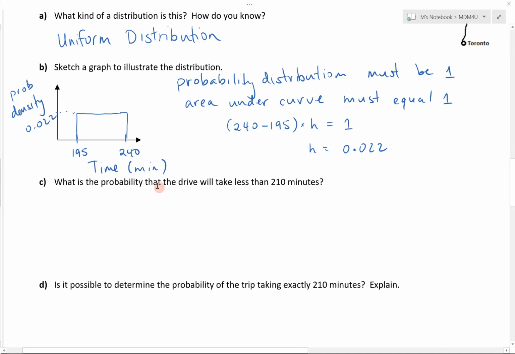Okay, so what is the probability that the drive will take less than 210 minutes? Let me zoom in here so you can see a bigger text.